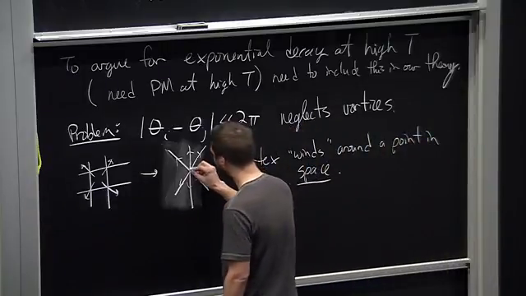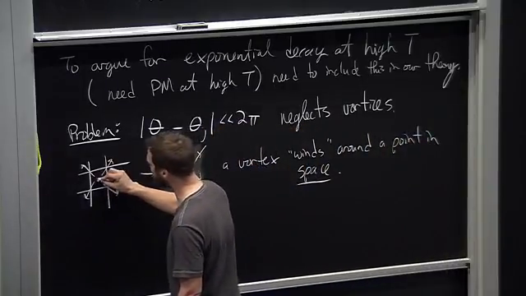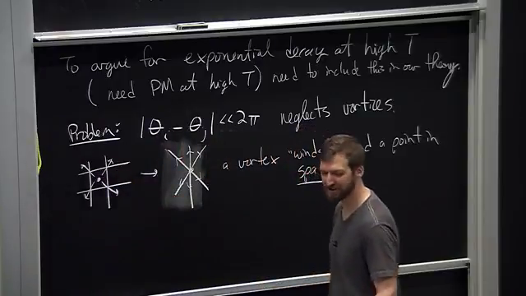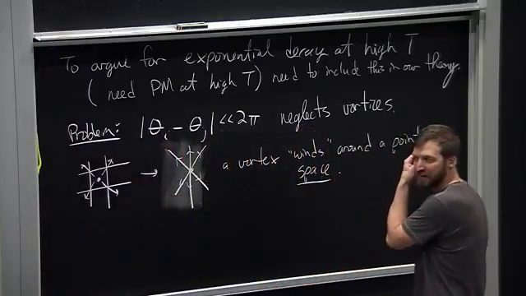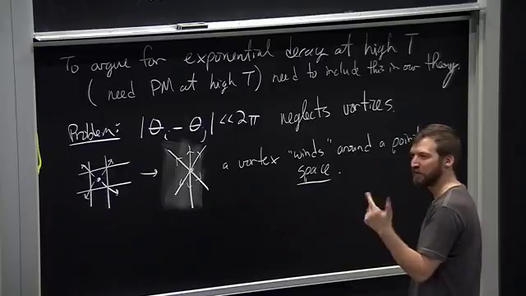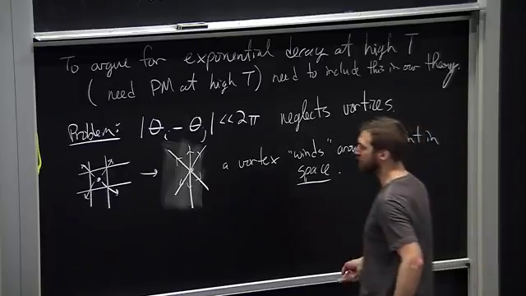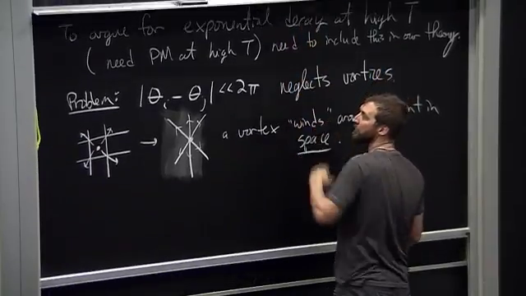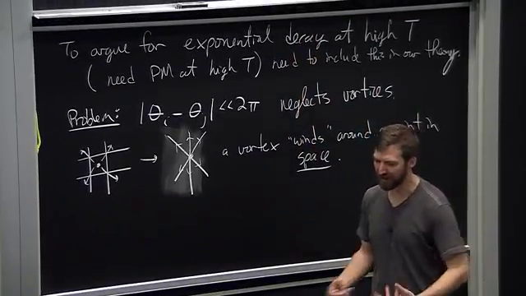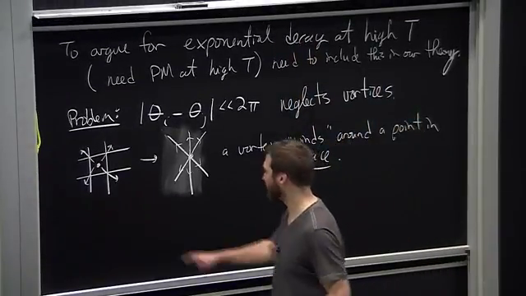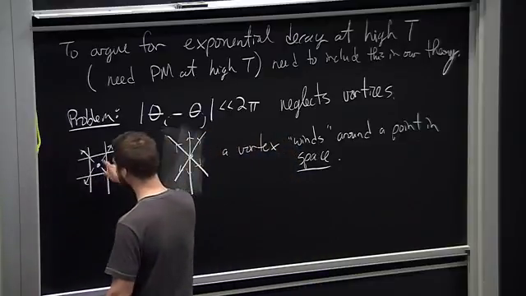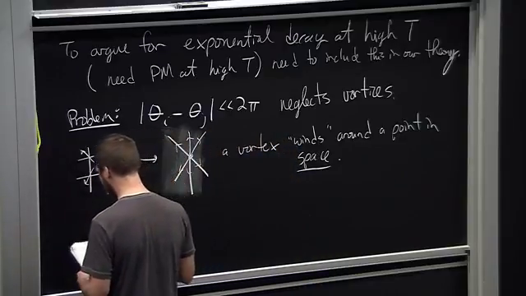Right, so that vortex core, as it's called, has some energy cost. A gradient of theta will diverge in the action, so you have to worry about that. But if it's on a lattice, then that point isn't contained in the space.